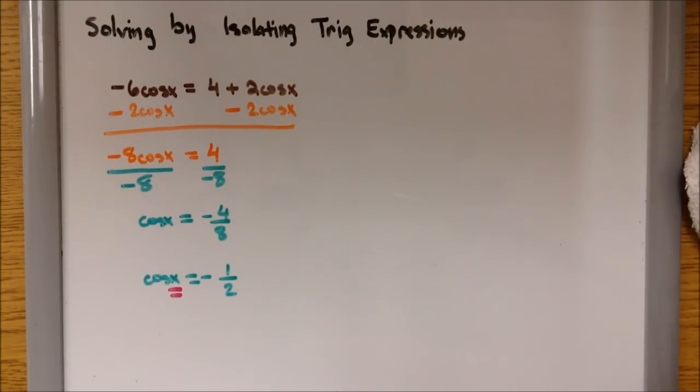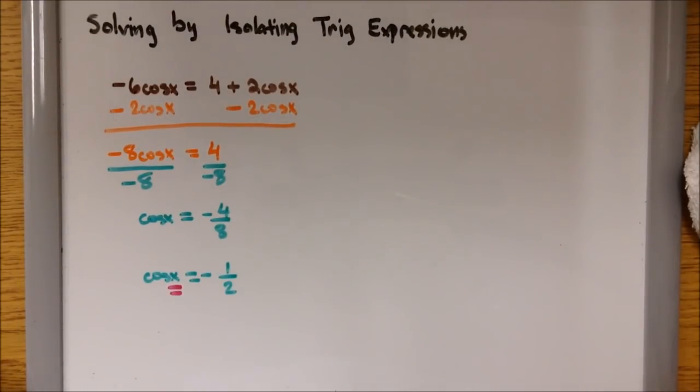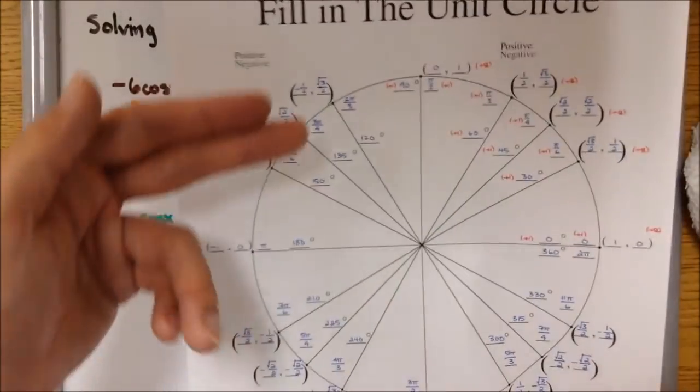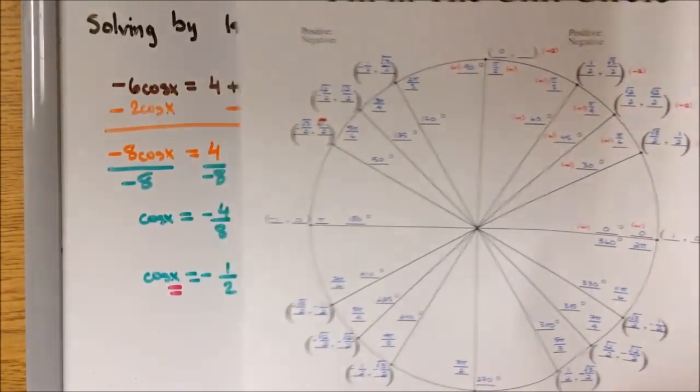The only quadrants where the x value is negative are quadrant 2 and quadrant 3. That's without looking at a unit circle, basically remembering from the xy axis. So where the x values are negative, that is between quadrant 2 and quadrant 3. So right here, these two.